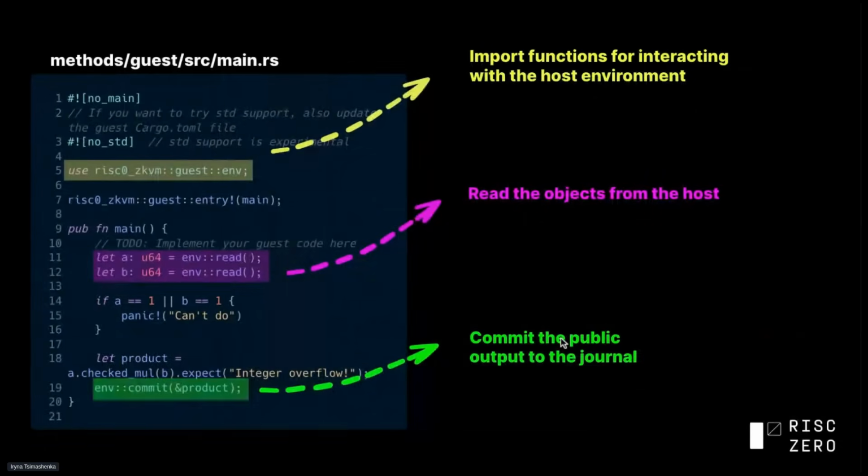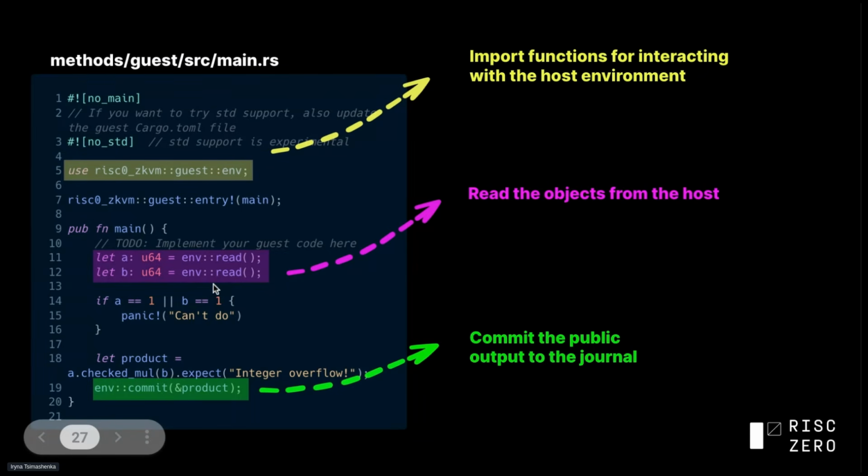So let's look closely into the guest program. First of all, when you write a guest program, you need to import functions for interacting with the host environment. This is done through the RISC Zero ZKVM guest environment, and then we need to read the data from the host.